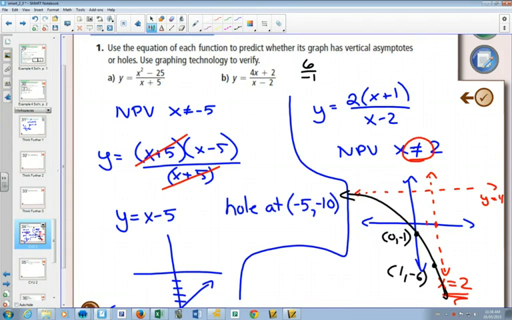If I wanted to draw the rest of my graph, I need to pick a value bigger than 2. Say pick a value of x equals 3. I could plug that in. 4 times 3 plus 2 would be 14. 3 minus 2 is 1. I'd have the point way up here at 3 comma 14.